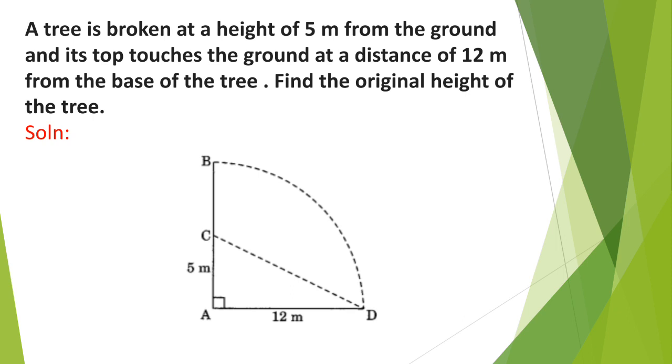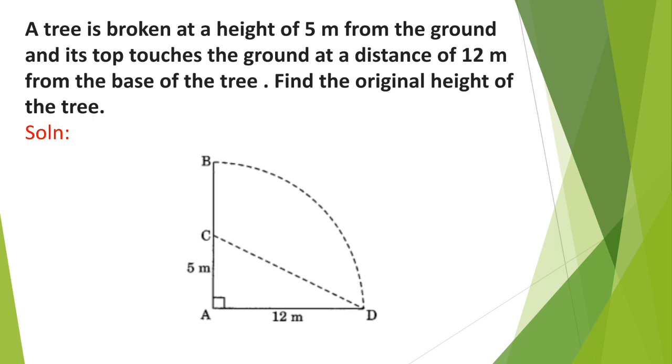A tree is broken at a height of 5 meters from the ground and its top touches the ground at a distance of 12 meters from the base of the tree. A tree, we represent as AB. From A, it grows up to B. AB is a tree, broken at 5 meters from the ground.